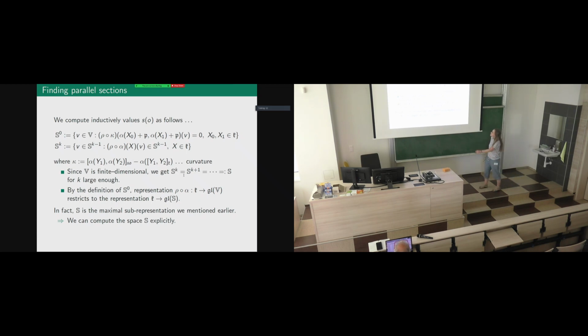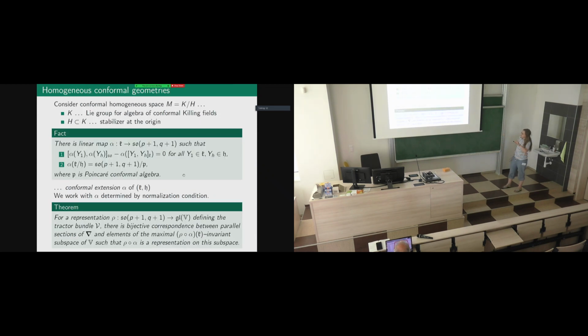And by the definition of S0 at the beginning, we get that rho alpha precisely restricts to a representation. This rho alpha is a representation from K to GL(V), and it restricts to a representation from K to GL(S). And this S is precisely the maximal subrepresentation we are speaking of here.